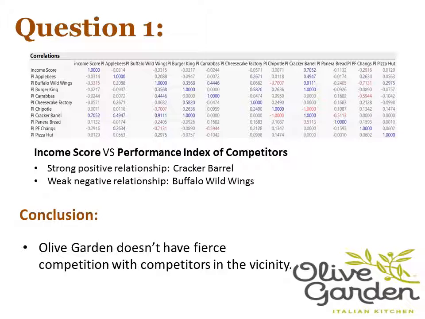So it infers that bad performance of Cracker Barrel may result in bad performance of Olive Garden. However, the performance of other competitors doesn't have a connection with income score of Olive Garden. So from the analysis above, I found that the competition in this vicinity is not very fierce.